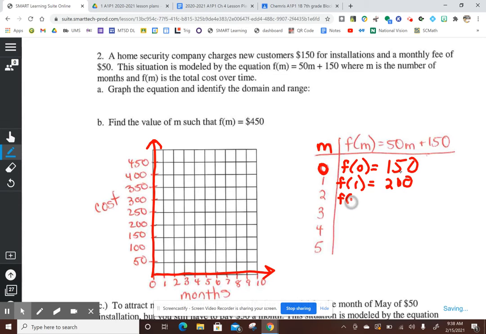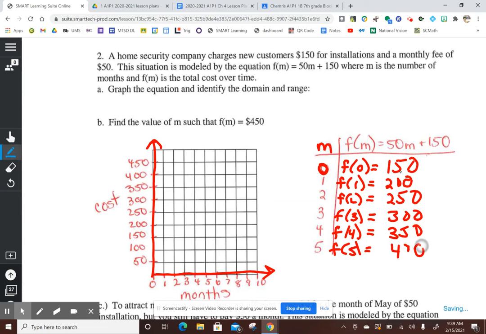Then f of 2, I plug in a 2 for M. That's 100 plus 150 is 250. f of 3, 3 times 50 is 150, plus 150 is 300. f of 4, 4 times 50 is 200, plus 150 is 350. And f of 5 is 250 plus 150, which is 400. So now I plot these points.